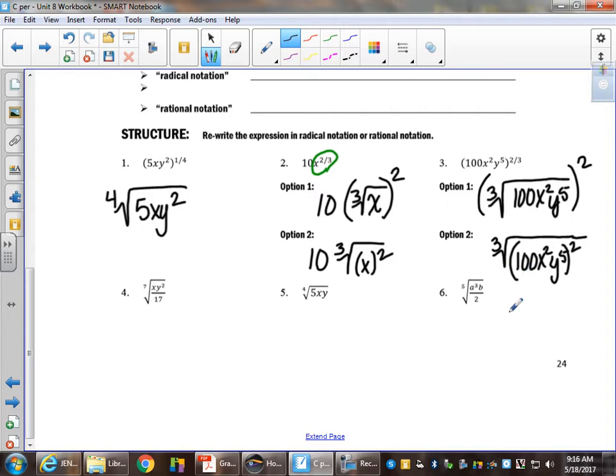Good question. Number 4, am I starting with radical notation or rational exponent notation? Radical. So I'm trying to get to a rational exponent. 7th root is associated with what power? 7th root from this side of the room. 7th root is what power?